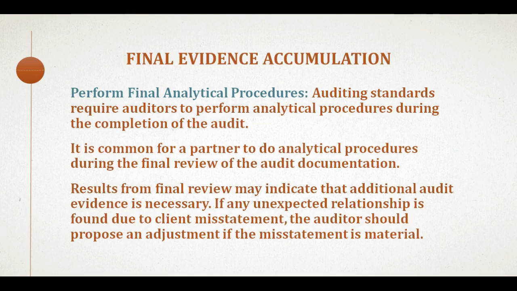It is common for a partner in a certified public accounting firm to do analytical procedures during the final review of the audit documentation. Results from final review may indicate that additional audit evidence is necessary. If any unexpected relationship is found due to client misstatement, the auditor should propose an adjustment if the misstatement is material.